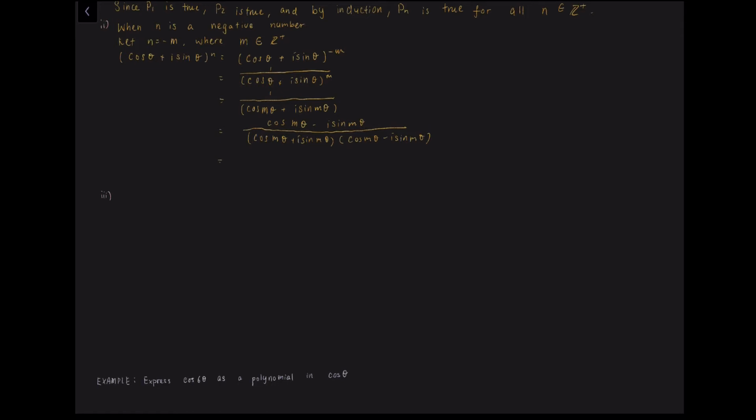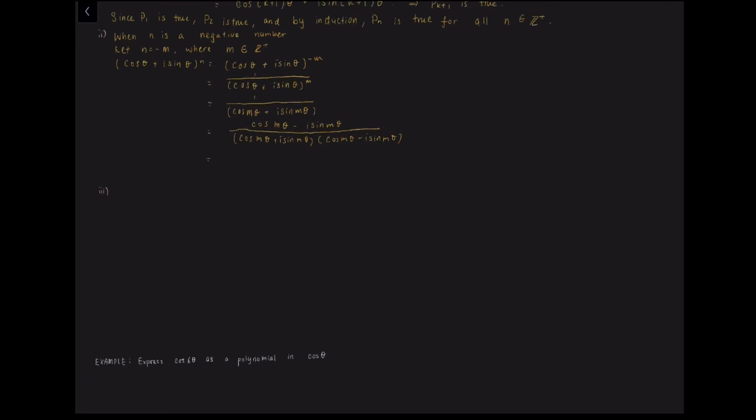And this fraction is now simplified to cos m theta minus i sin m theta, which is equivalent to cos(-m theta) + i sin(-m theta).